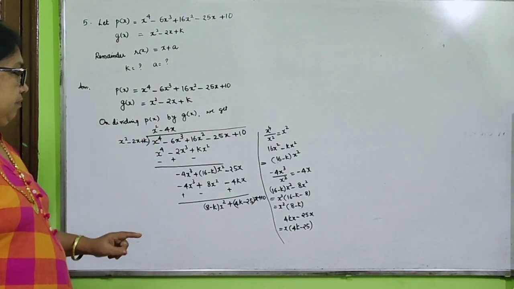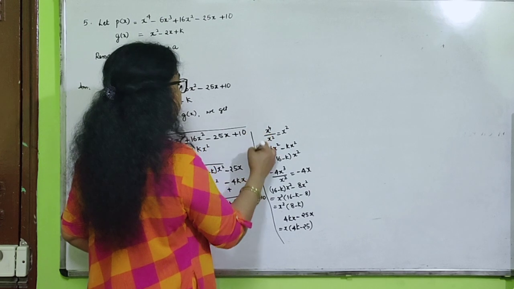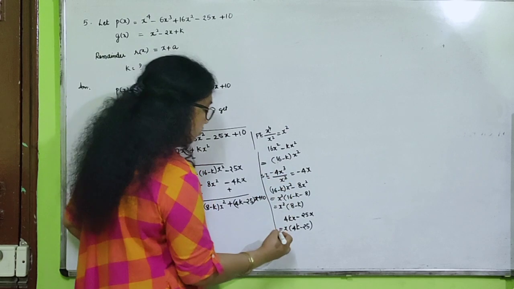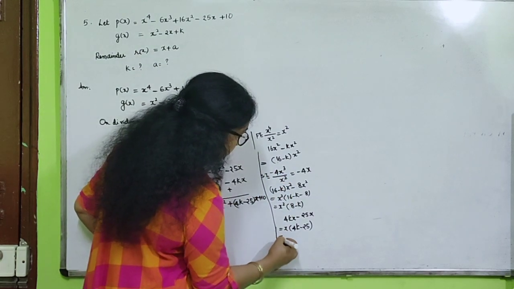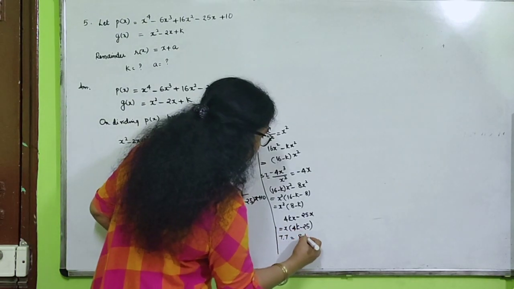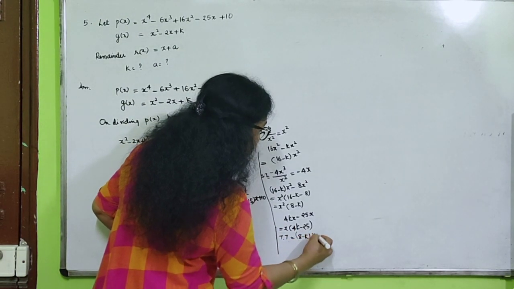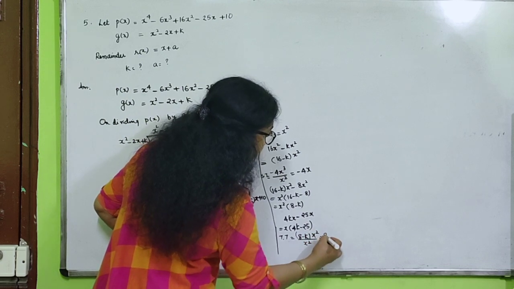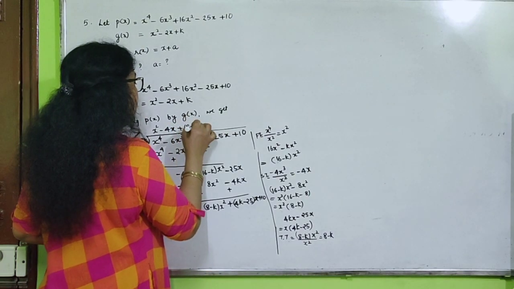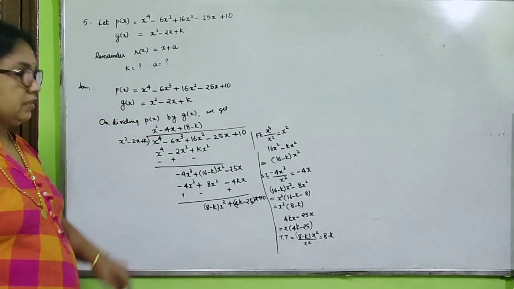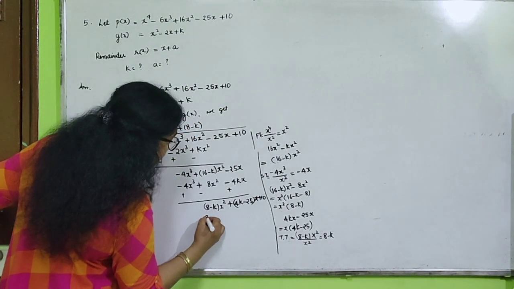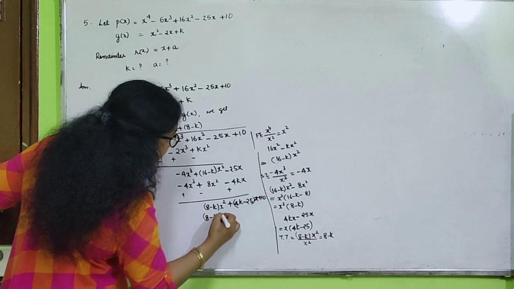Now to get the third term. So this is the first term, then the second term. Now the third term. What is the x square term? 8 minus k x square upon x square. So 8 minus k. So I write here plus 8 minus k. That is the third term. Now multiply 8 minus k into x square. 8 minus k x square.